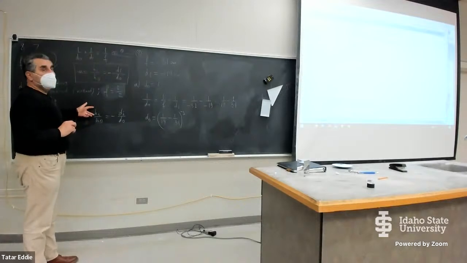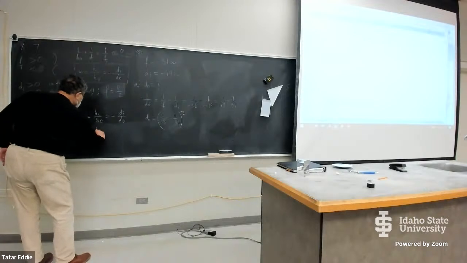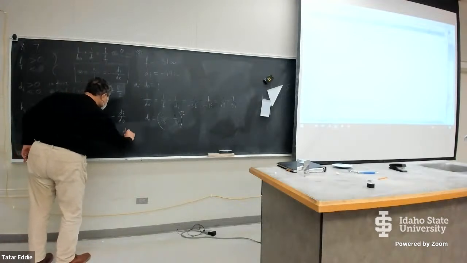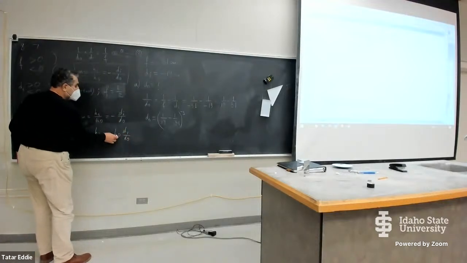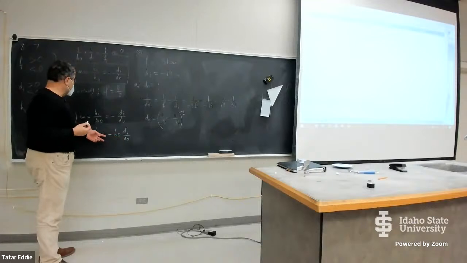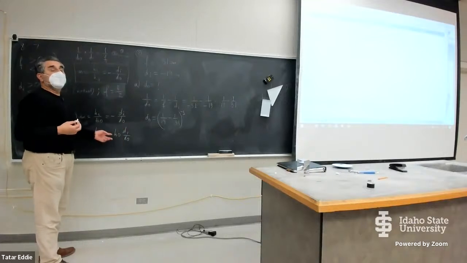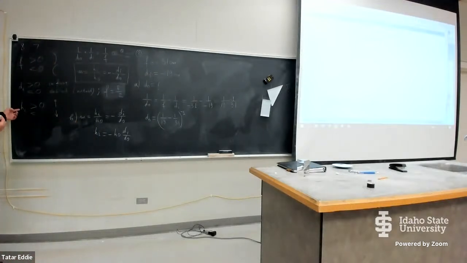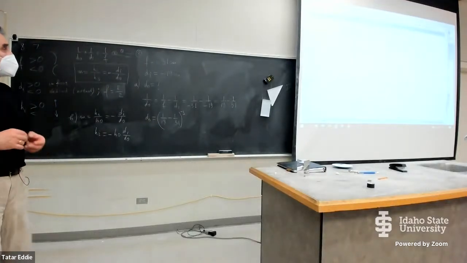Or you can say that HI is equal to negative HO DI divided by DO. So we established HO is positive because you keep your object upright. DI is negative, DO is positive. The resulting expression has a positive algebraic value, and positive HI indicates upright position of the image.